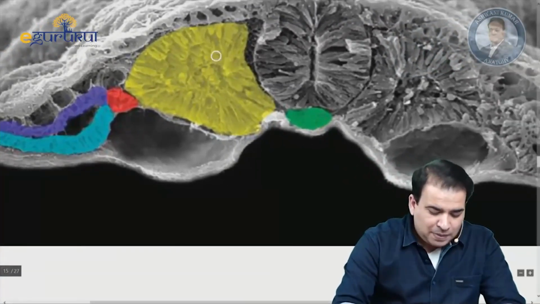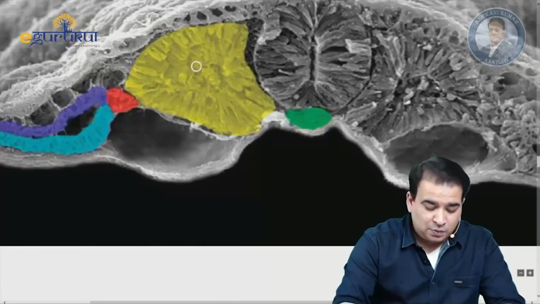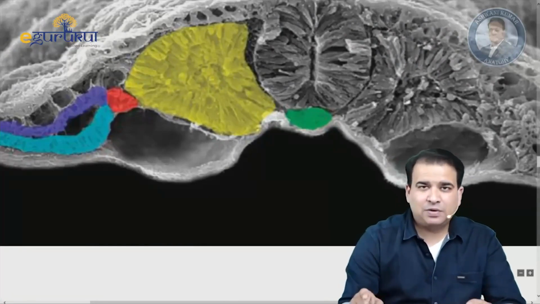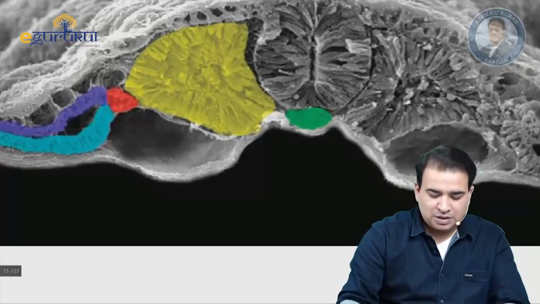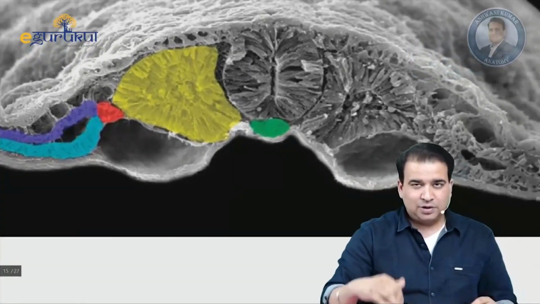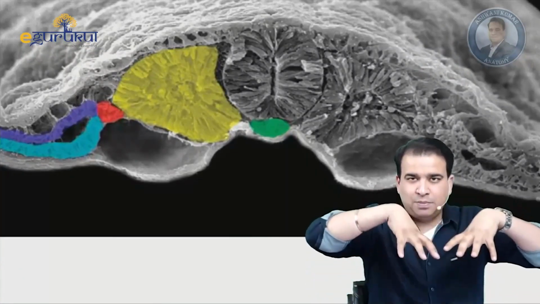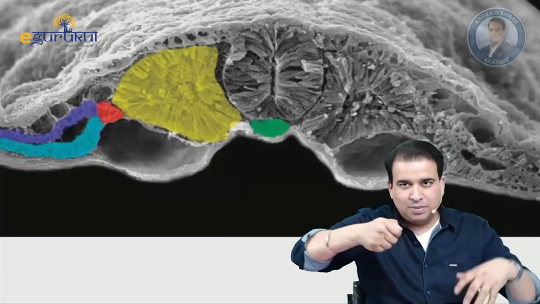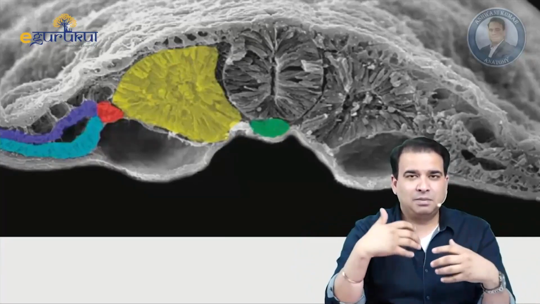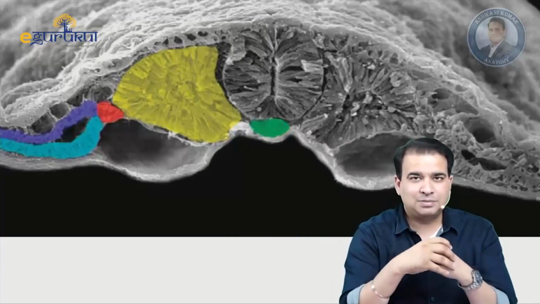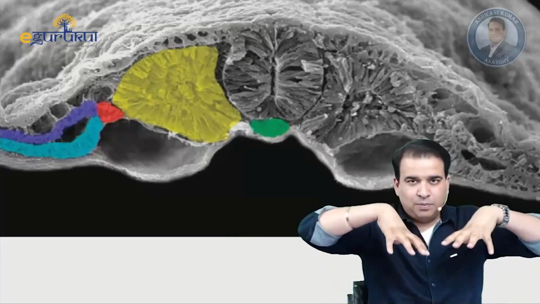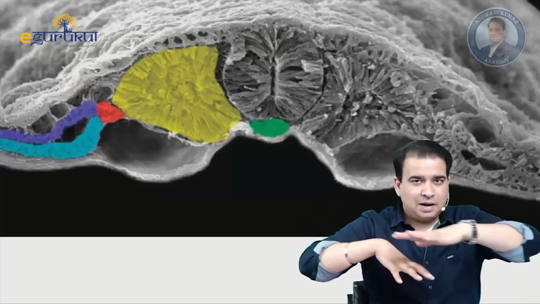What we also said is that this paraaxial mesoderm will give rise to what? Somites. Now, let me show you one more picture in which you can see how the somites will look. The next picture, you will view from the top. If I remove the ectoderm, guys, just imagine it, because once you imagine it, it will be easier to compare with the real-time section. If you see it from the top of the embryonic plate, the layer above is ectoderm.